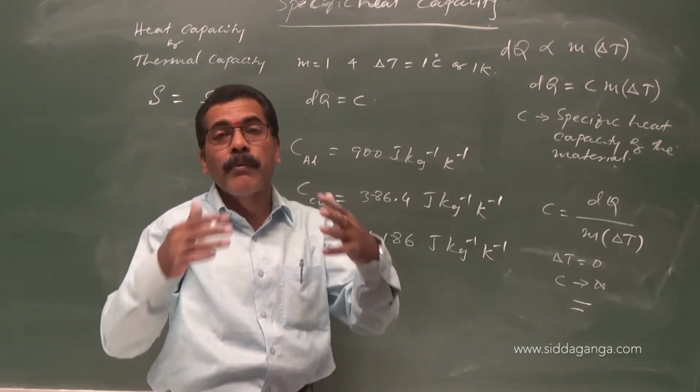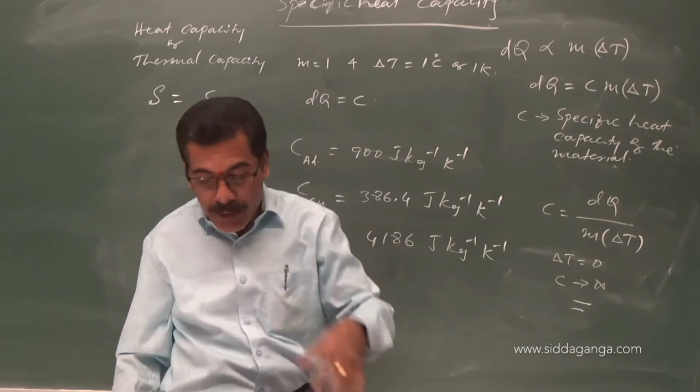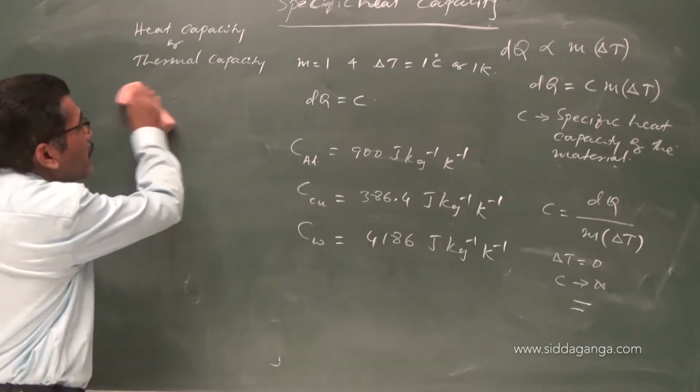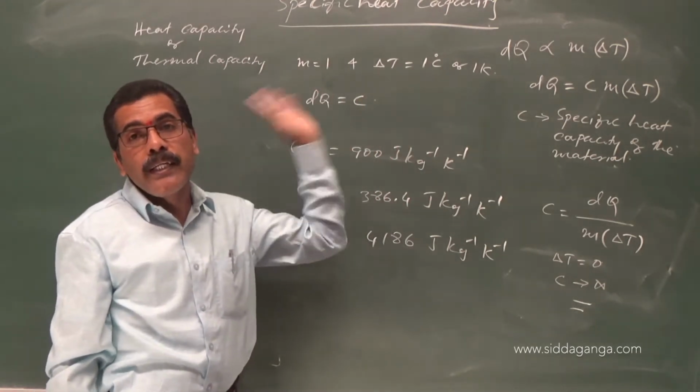To increase the temperature of the whole container through unit degree Celsius, how much heat is required? That is taken to be the thermal capacity or heat capacity of the material.